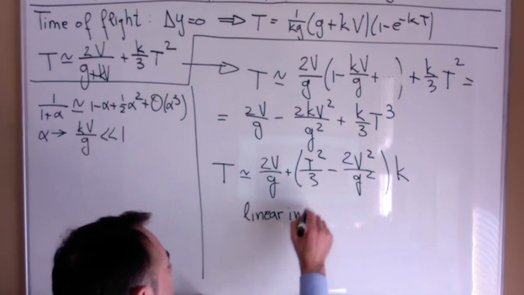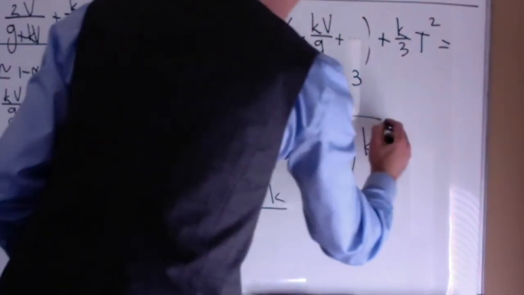Now we have the time of flight as a polynomial expression in terms of k.